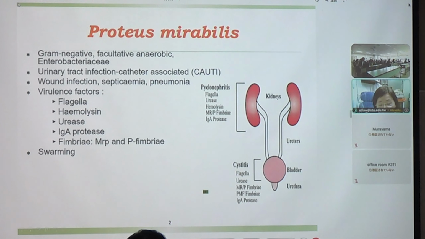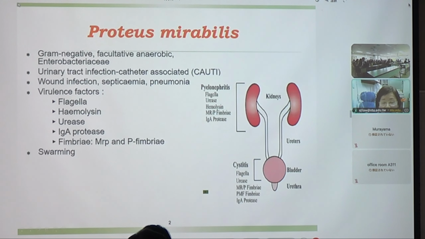And also IgA protease to counteract the human host immune response, and also fimbriae for the bacteria to attach to the epithelial cell to resist the urine flow, and also facilitate the formation of biofilm.